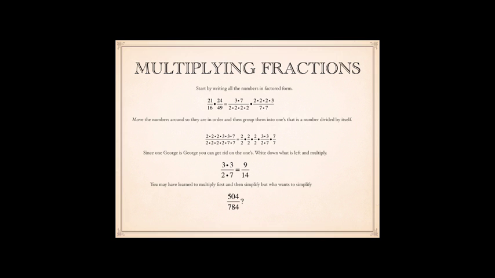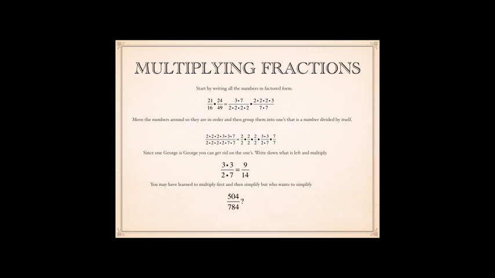So the example I use on the slide is 1 George is George. And that kind of works in math. So anytime you have a 1 of anything, you just can leave the 1 off. So we end up with just the things that didn't turn into a 1, which is 3 times 3 over 2 times 7, which is 9/14.